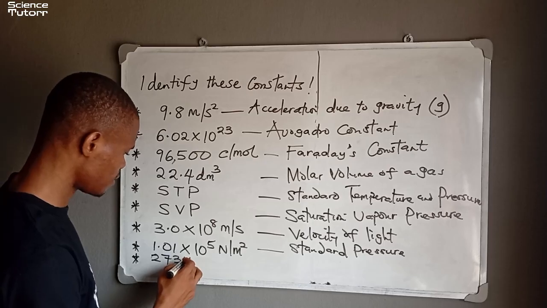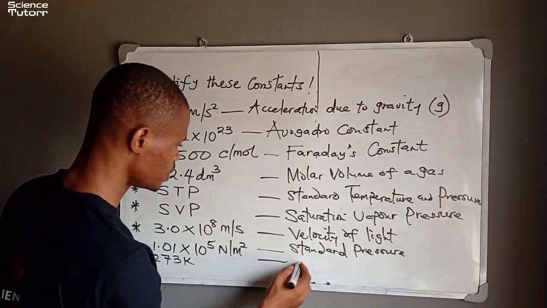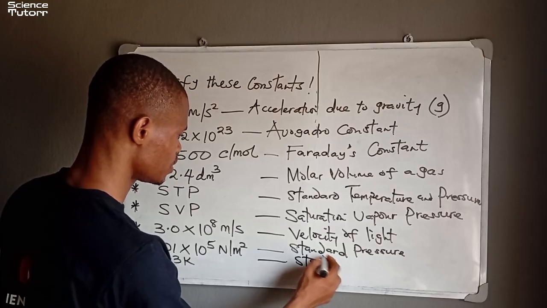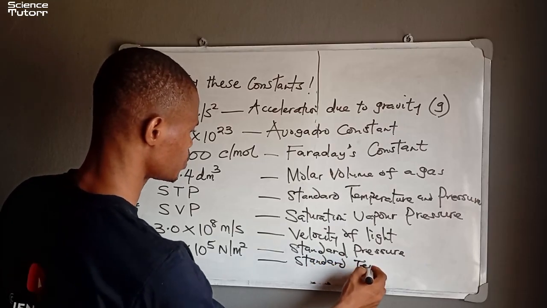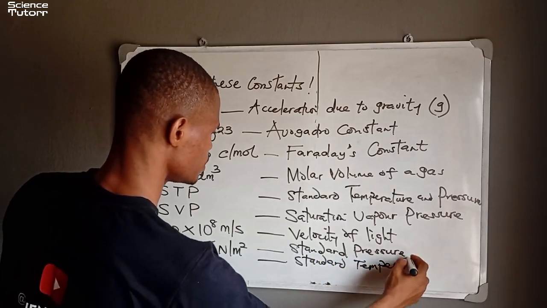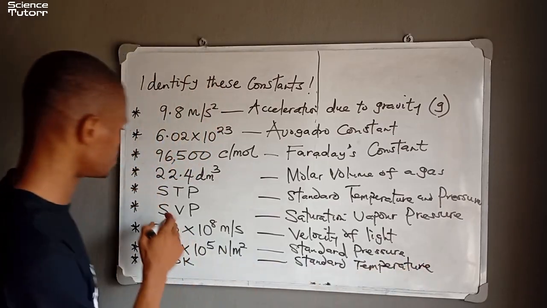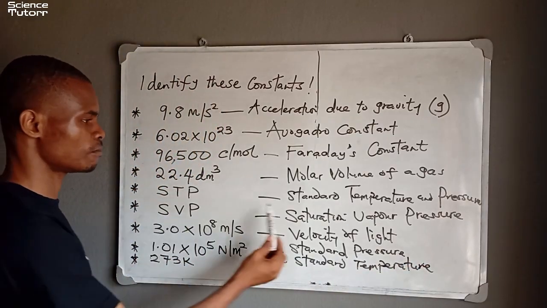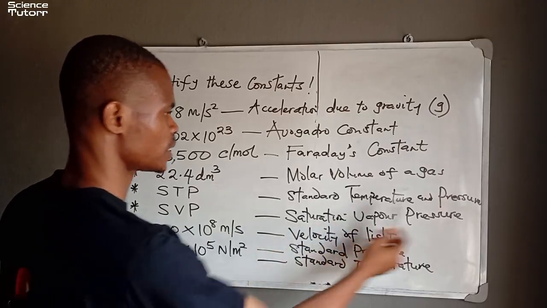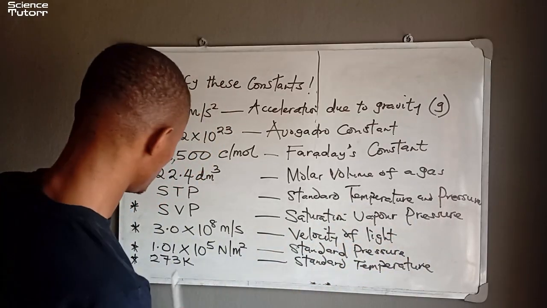We also have 273 Kelvin. This has to do with standard temperature. I brought this down because we initially explained STP, standard temperature and pressure. So standard temperature, standard pressure, these are the values.